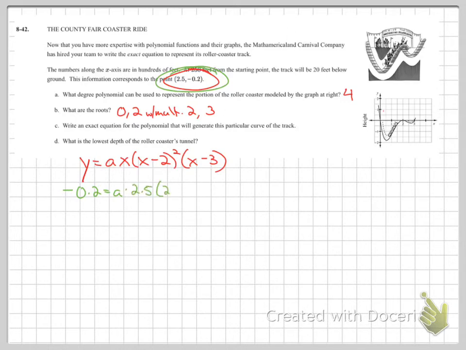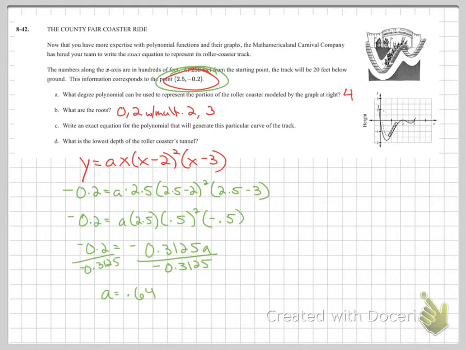You're going to need a calculator to finish this. Okay, so I took out a calculator and I finished the math. A comes out to be 0.64. So we have 0.64 times x minus 2 squared times x minus 3.